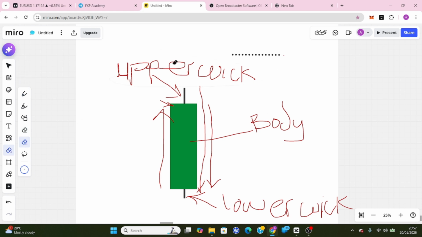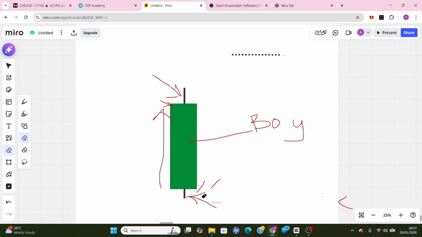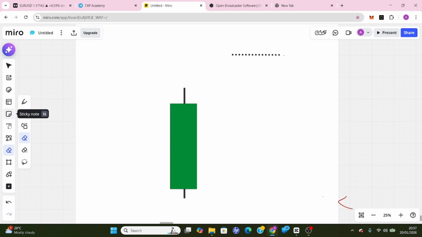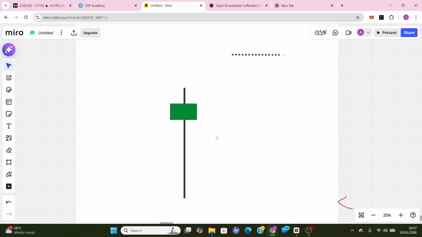Okay, let's go further. Let me show you some of the things that you can use to know the psychology of different candlesticks. Okay, let's say this candlestick on our chart ends up like this. What does this tell you? This means that at a point, this is a bullish candlestick, right?